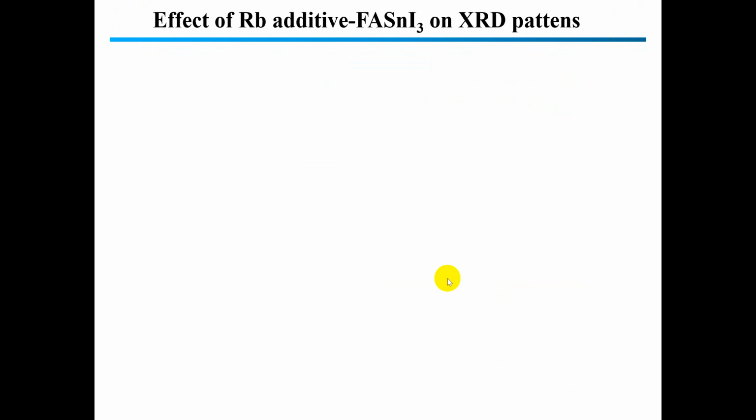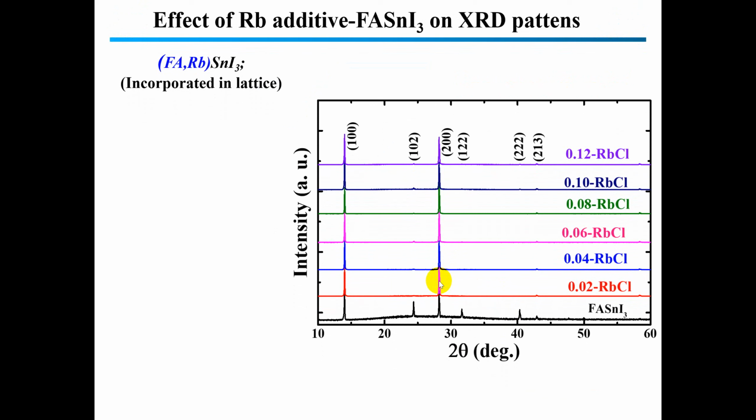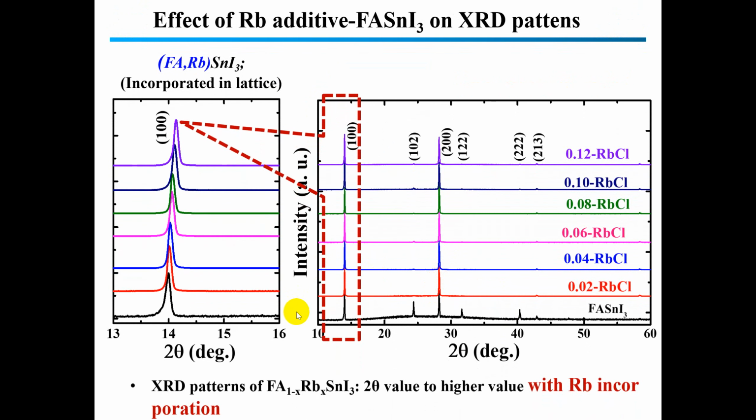And this shows the XRD pattern, the effect of rubidium on XRD pattern, and we can see the XRD dominant peak shifting. This indicates the incorporation of rubidium in the crystal lattice of formamidinium tin iodide film.